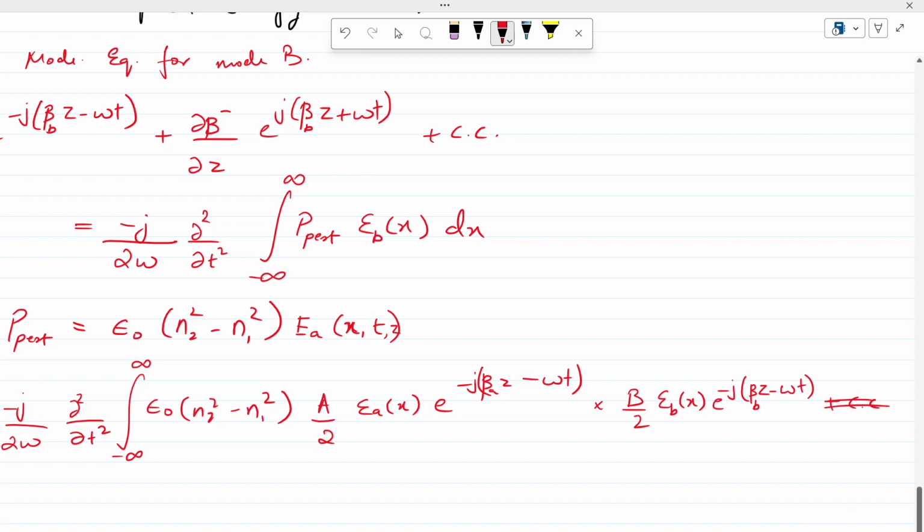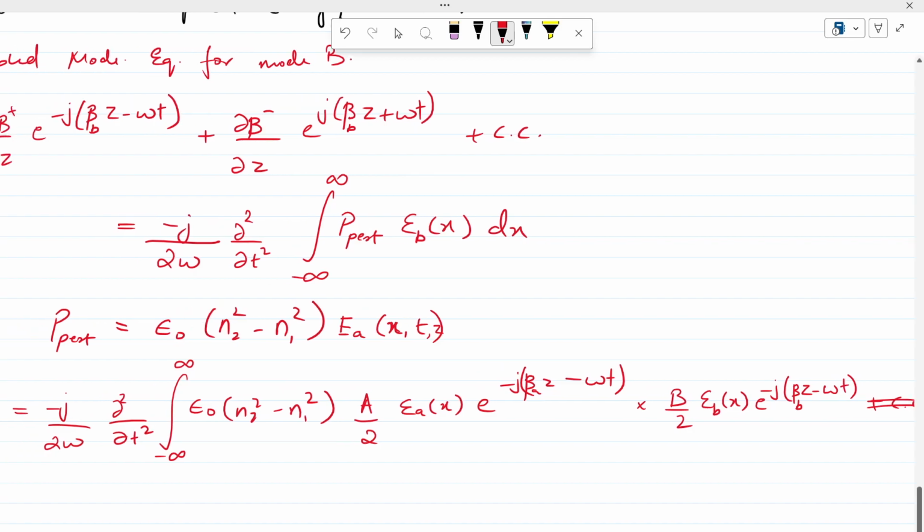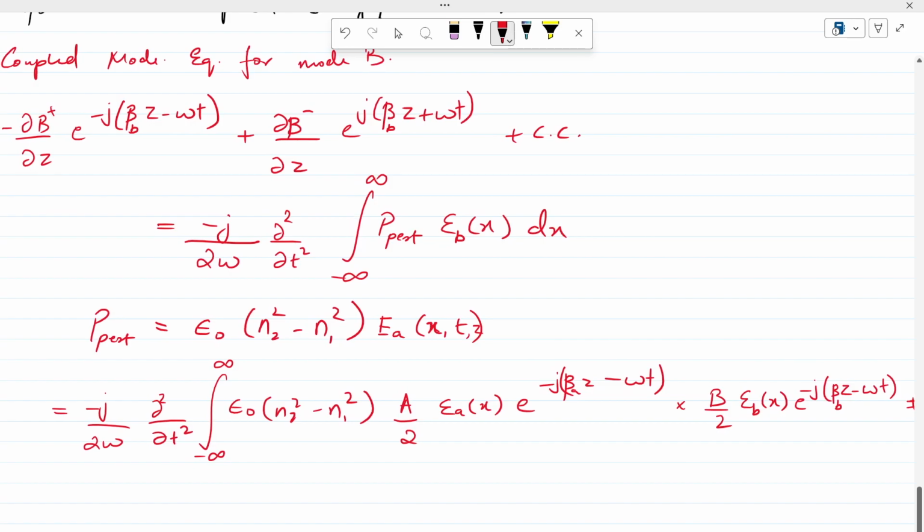Complex conjugates I'm ignoring for now. We can keep track of them, but just for ease, I'm not writing those terms.